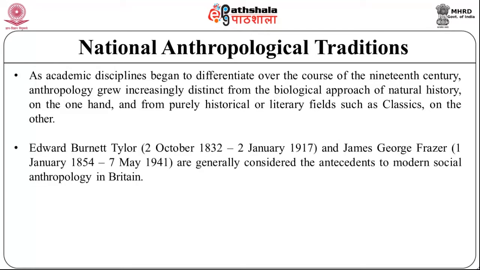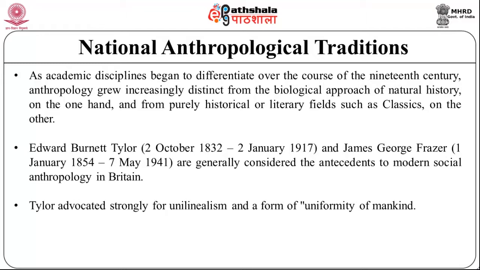Edward Burnett Tylor and James George Frazer are generally considered the antecedents to modern social anthropology in Britain. Although Tylor undertook a field trip to Mexico, he and Frazer derived most of the material for their comparative studies through extensive reading, not fieldwork: mainly the classics, literature and history of Greece and Rome, the work of the early European folklorists, and reports from missionaries, travelers, and contemporaneous ethnologists.